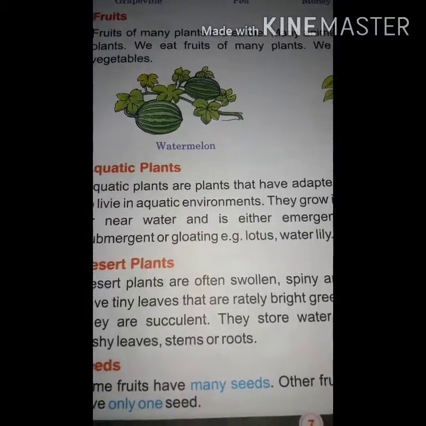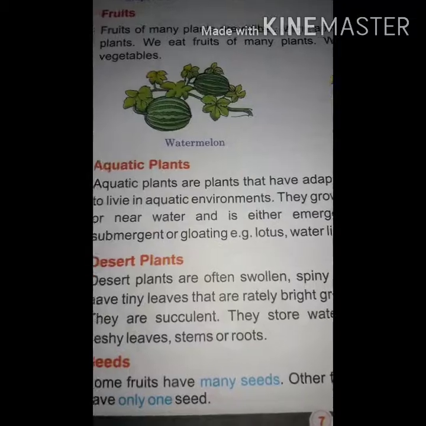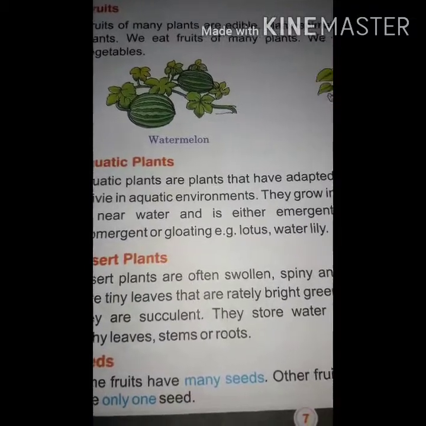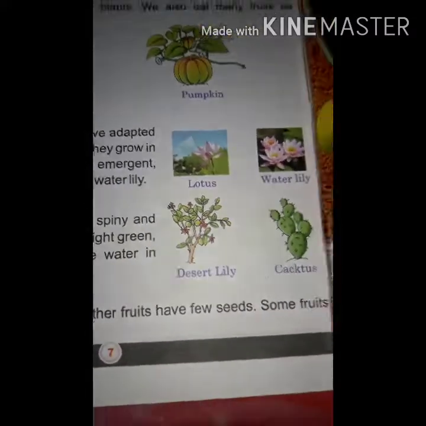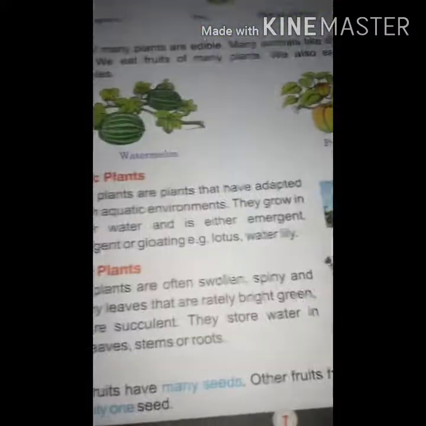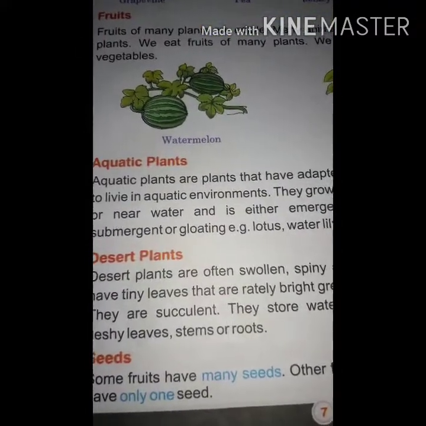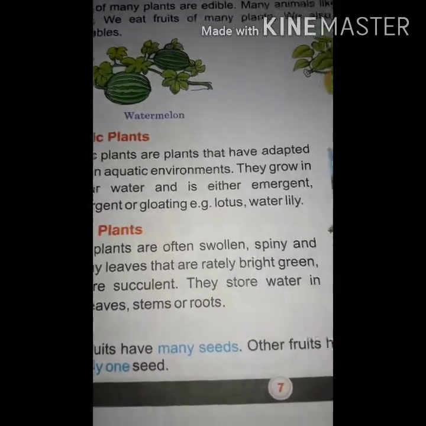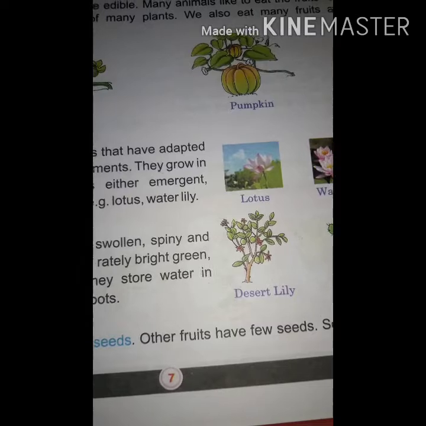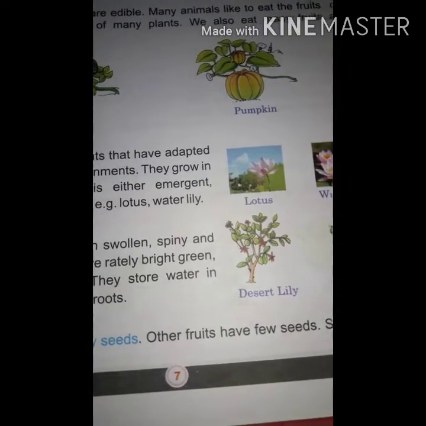Now see the pictures below this paragraph. The first one is watermelon and the next one is pumpkin. I think all of you have eaten watermelon and pumpkin. You can see the picture of their plants as well as their fruits.